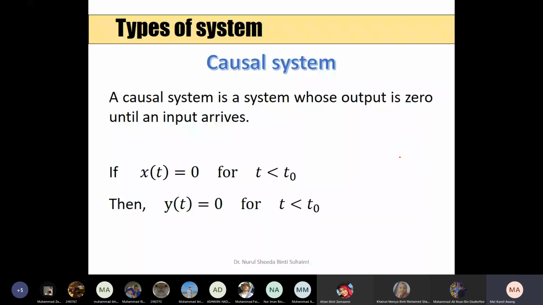It means that if there is no input, there is no output. You must have an input in order to have an output. Simple. That's the definition of causal.